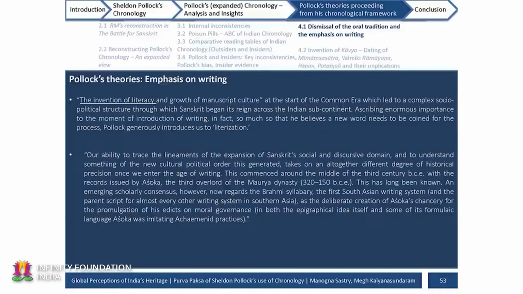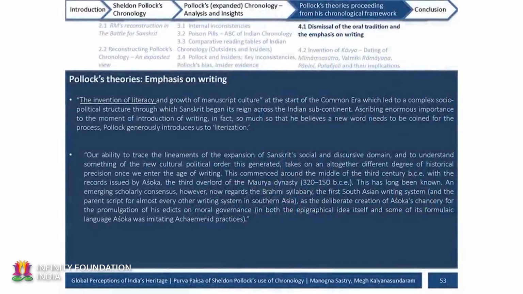That is, the invention of literacy and the growth of manuscript culture at the start of the Common Era led to a complex structure of socio-political change through which Sanskrit apparently began its reign across the entire subcontinent. In fact, he associates so much importance to this that he even introduces a new word, literization.